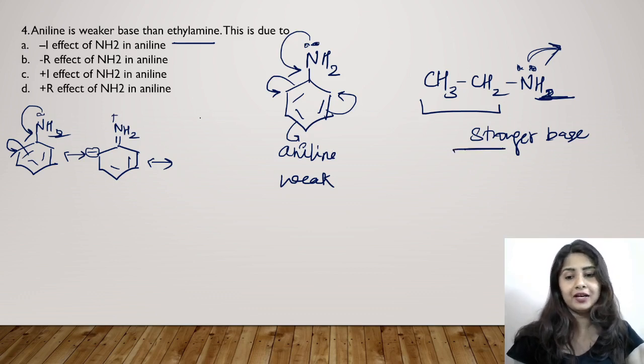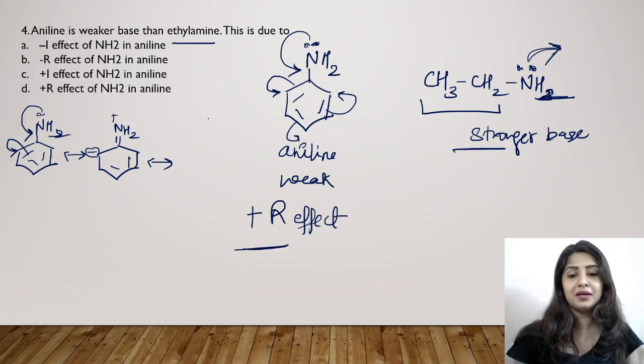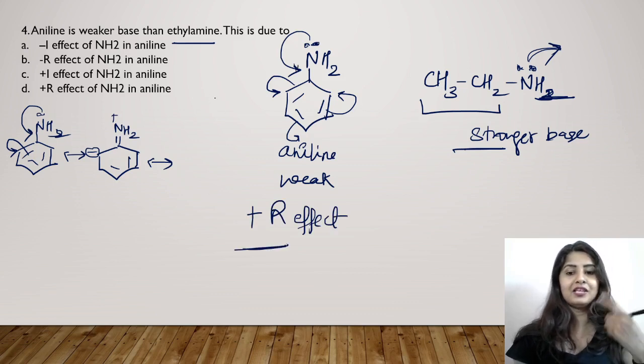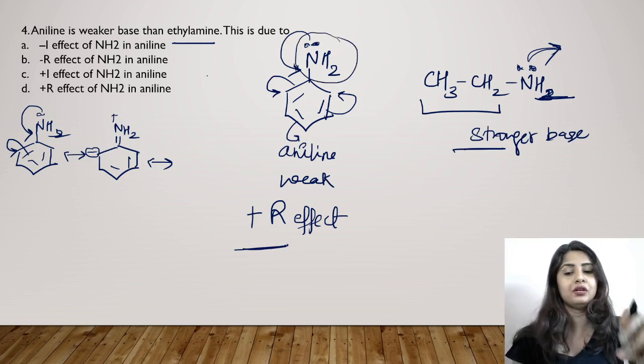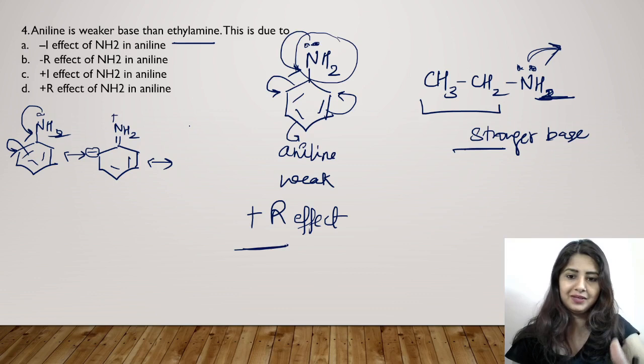Now what do you call this effect? This effect is called the plus R effect. Plus R means it is in resonance. NH2 is a group which is donating its electron, which is the plus R effect. Plus means it is giving, minus means it is taking.